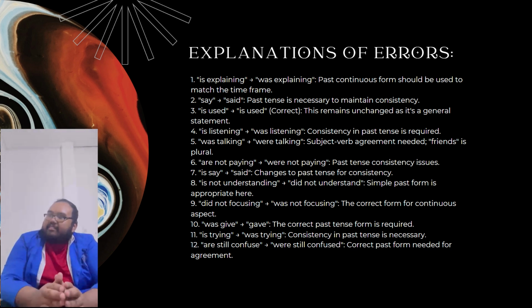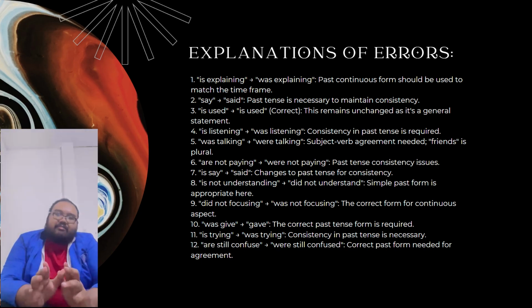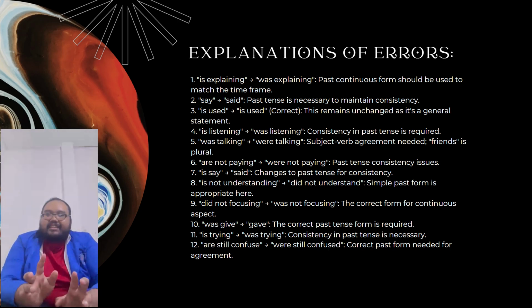Fourth is listening, turned into was listening. Consistency in past tense is required. Now for the fifth one, was talking turned into were talking. Subject-verb agreement is needed, friends is plural. Are not paying turned into were not paying.